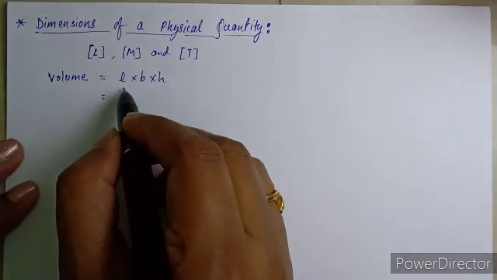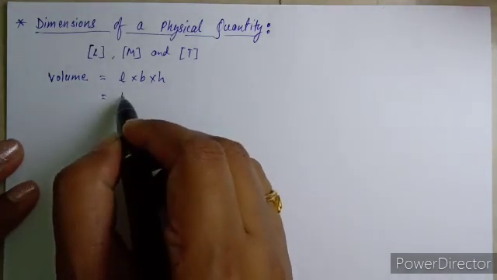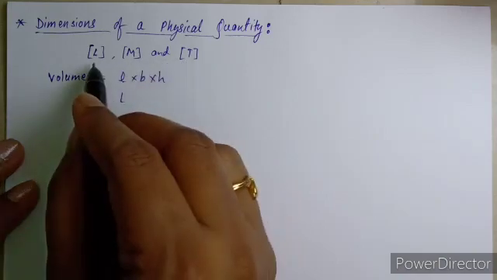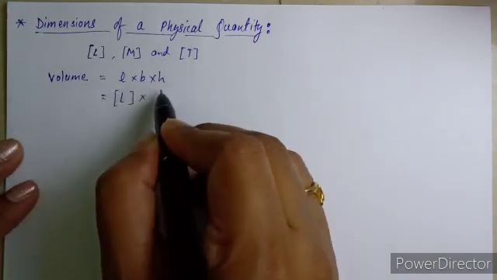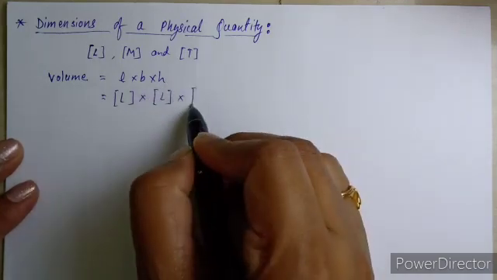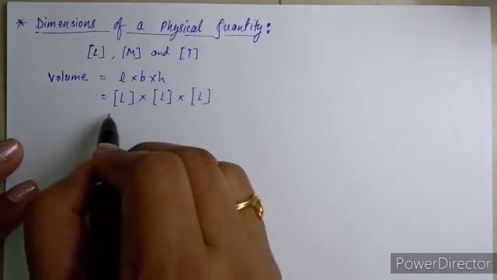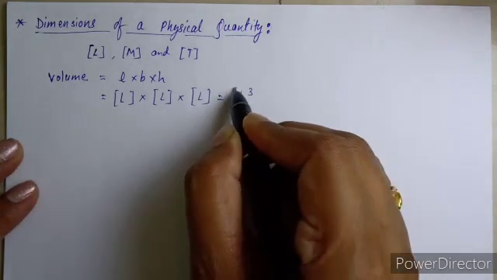Here, if we go to see length, for that we will take out of this 3, we will take the length. For breadth, it is also length, and height is also a length. So this gives us L cube.